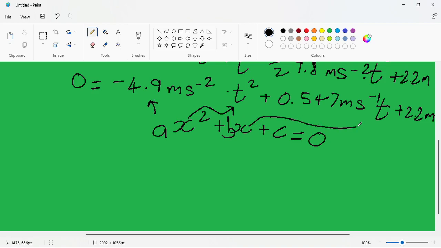Here, x is t, 0.547 meters per second is b, and then c is just 2.2 meters.